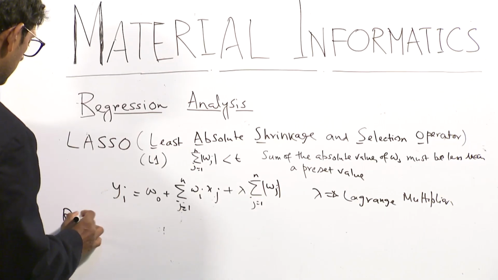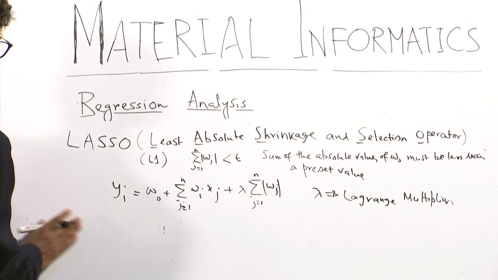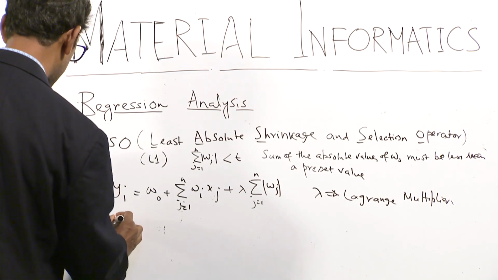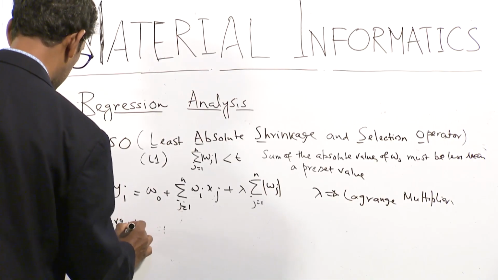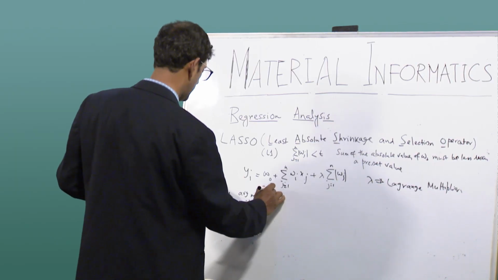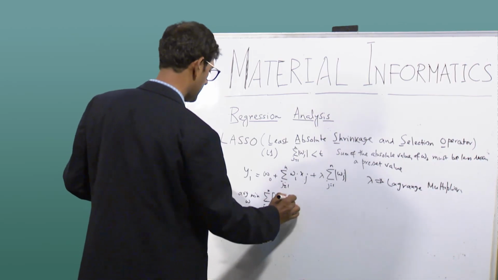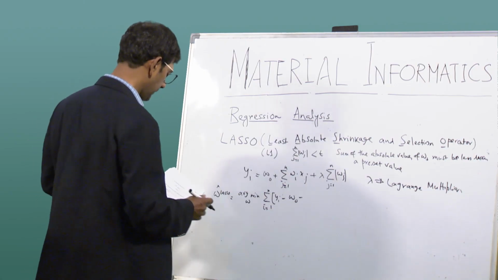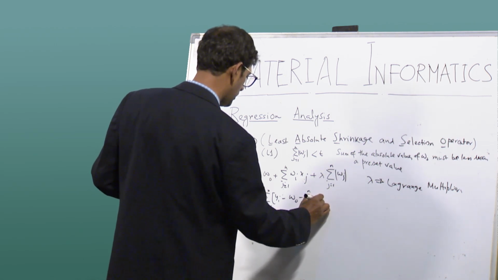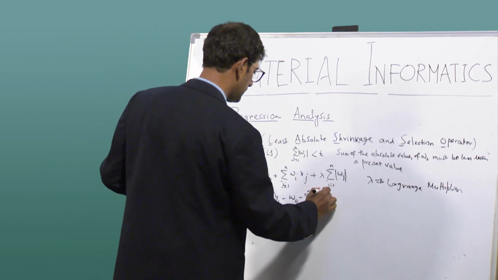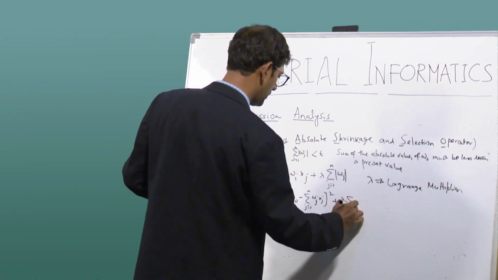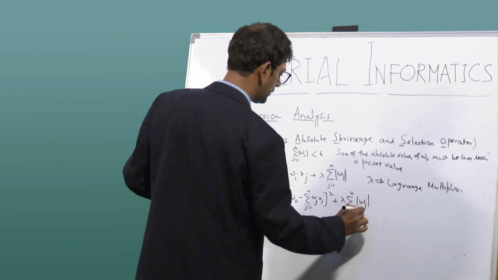So what is RSS? The optimum value of W, we can write down like this: minimize over W the sum over i equals 1 to n of (yi minus W0 minus the sum over j from 1 to n of Wj xj) squared, plus lambda times the sum over 1 to n of the absolute values of Wj.